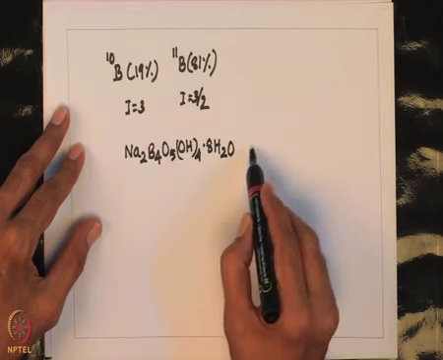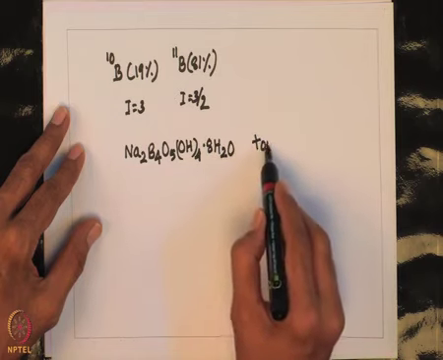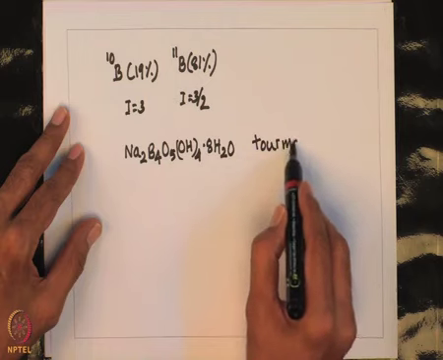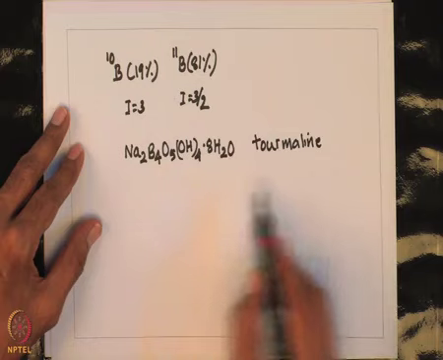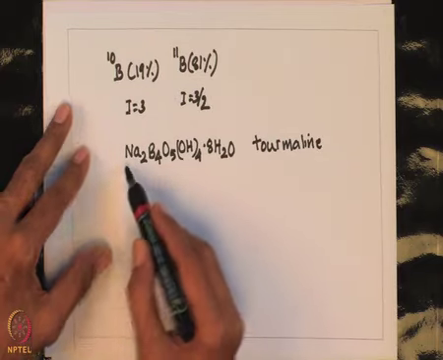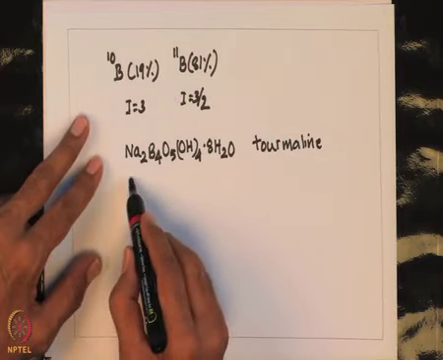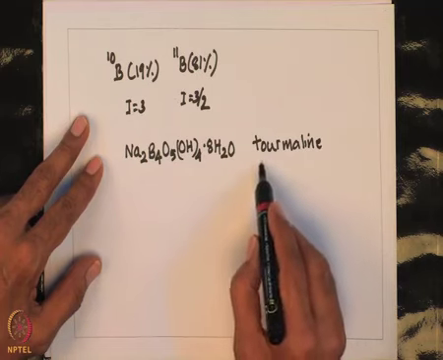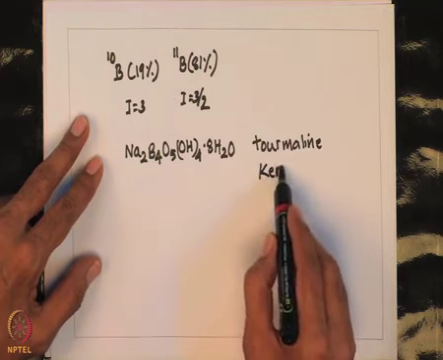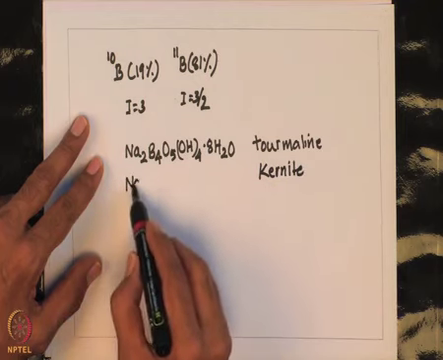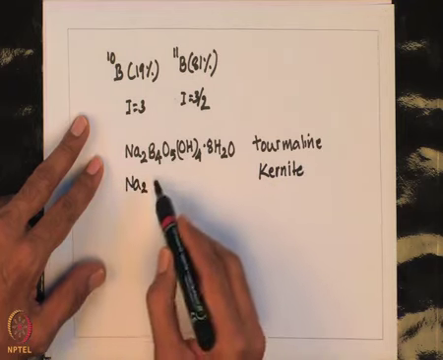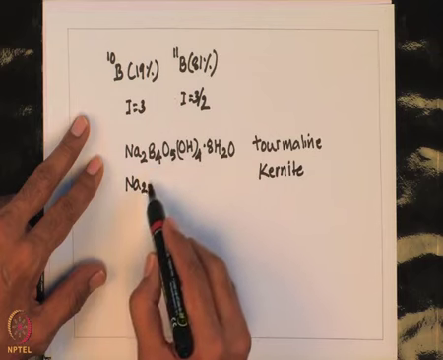This is called borax. There is also another ore mineral called kernite. Its composition is more or less the same, but differs in the water of hydration.